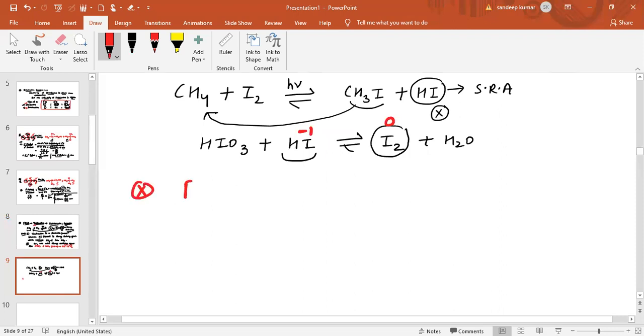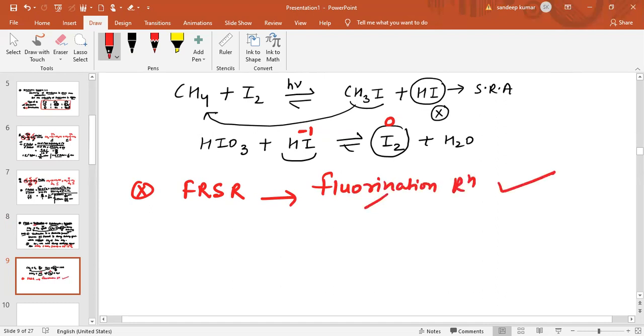So in free radical substitution reactions, we have discussed fluorination. In fluorination, we discussed two cases: one is F2 in presence of sunlight, and the other is fluorination in the dark with an inert atmosphere provided by N2.